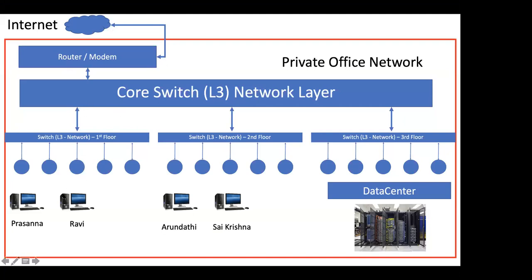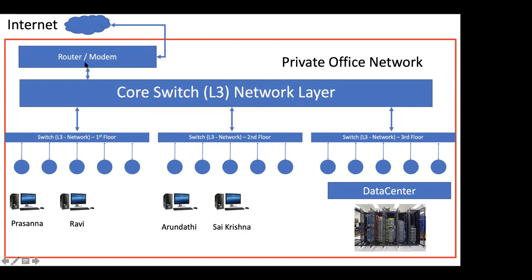So now, for example, Arundhati's sister would like to access the internet and browse some website. How will she go? Her laptop or desktop will connect to the second floor network room. The second floor network room connects to the core switch, which is the core backbone network, and it knows it has to go to the internet based on the IP address.